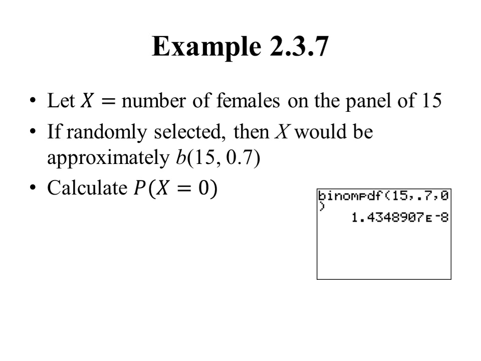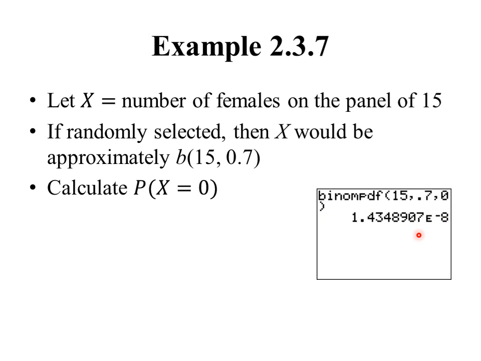So for instance, if we wanted to calculate the probability that x equals 0, meaning the probability of getting exactly 0 females on this panel of 15, we would enter this syntax, binom PDF n, p, x. Here x equals 0, that's the number inside the parentheses. And so if you hit enter, you see this result right here, 1.4 e negative 8.